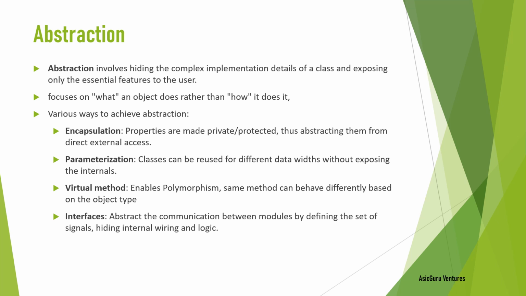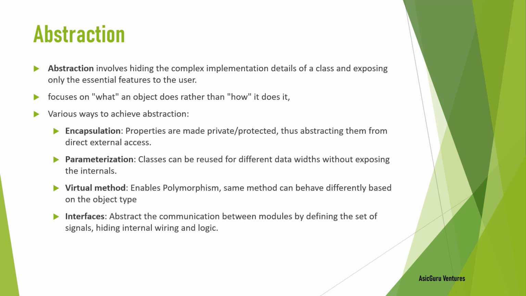For example, encapsulation. In encapsulation we make properties private or protected and hide the internal data and expose it only through controlled interfaces like getter and setter methods. So we are abstracting our properties by making them private or protected.